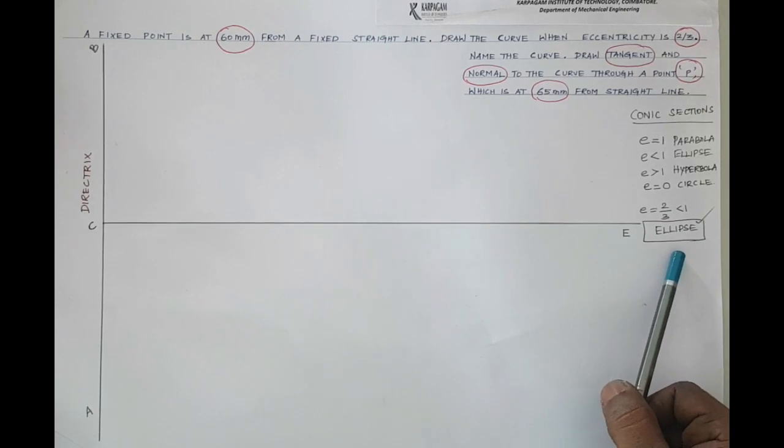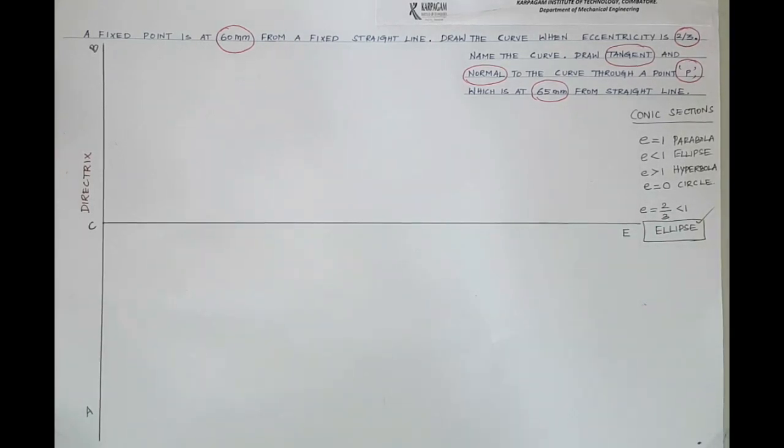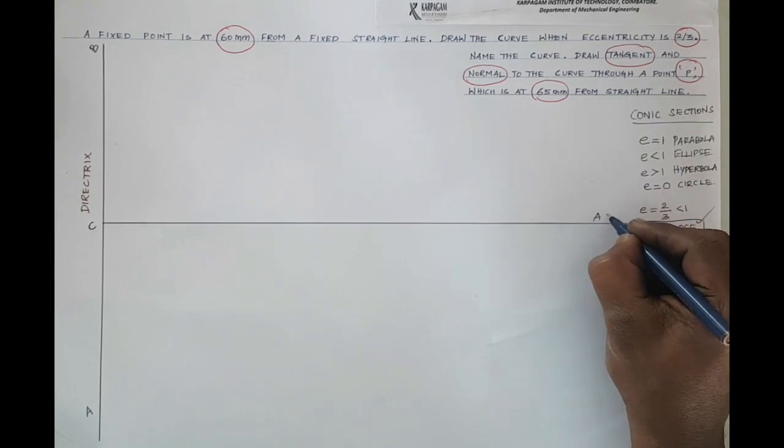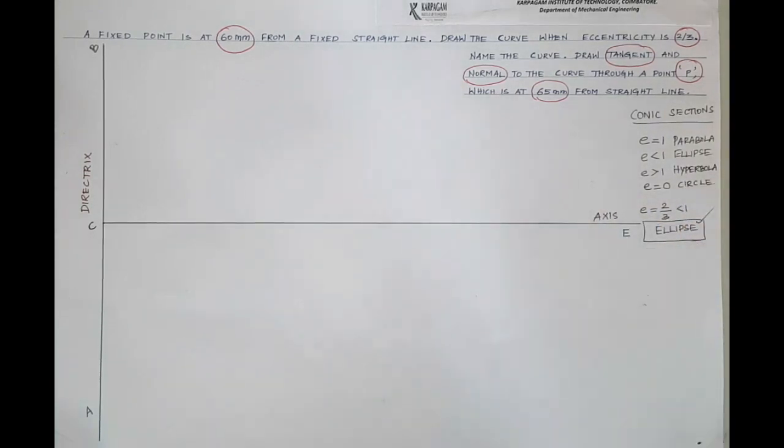CE is called the axis of symmetry. Simply it is axis. Then after that, come to the problem statement.